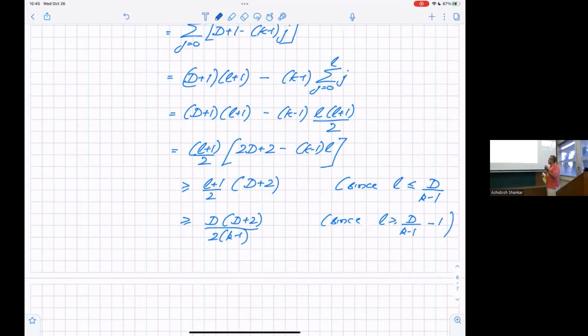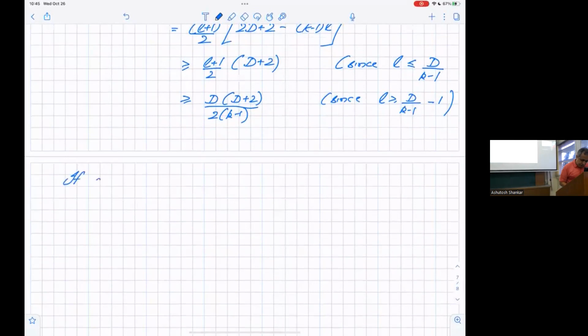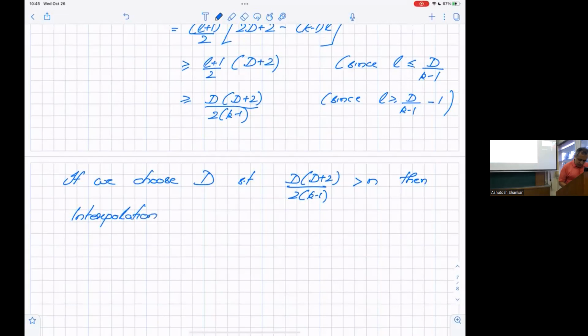So as long as I choose d such that this number is greater than n, then the interpolation conditions are met. If we choose d such that d into (d plus 2) by 2(k minus 1) is greater than n, then the interpolation condition holds.